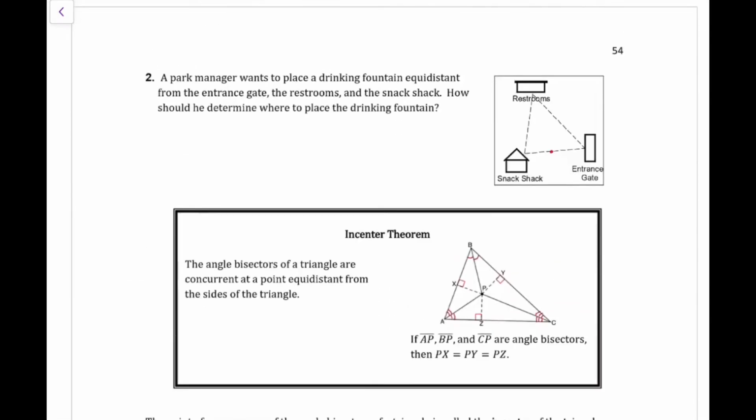Now, here is an example. There's a park manager, and there are some restrooms, a snack shack, and an entrance gate of the park, and he wants to get a drinking fountain that is equidistant from all of these three things. So what we need to do is draw the perpendicular bisector from all the sides, and where those intersect is where the circumcenter will be.